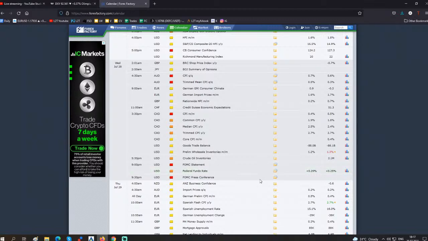So maybe the dollar was expected to drop a little ahead of this high impact event. Maybe traders are expecting a hint that the Federal Reserve could take action in its upcoming monetary policy meetings.